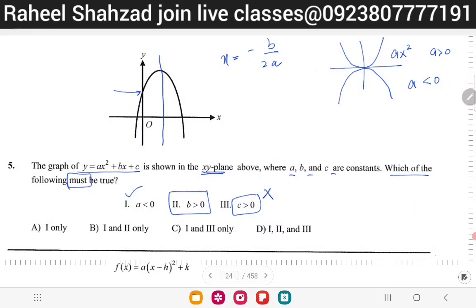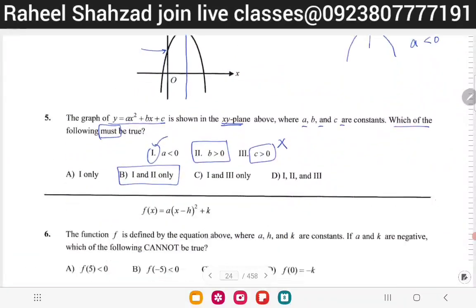Here x is equal to minus b over 2a, this whole thing should be positive. A is already given as negative, so if a is negative, that will balance this minus, so b has to be positive. So 1 and 2 only is the best answer for this, right?